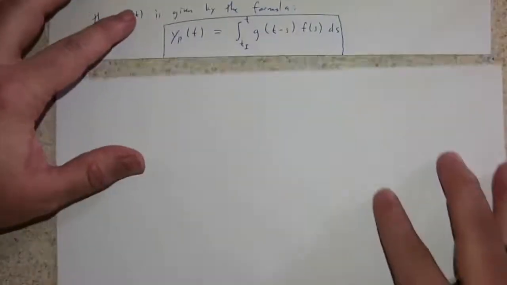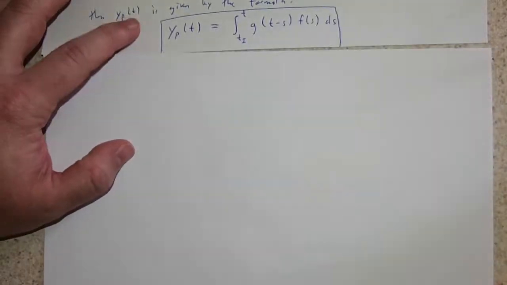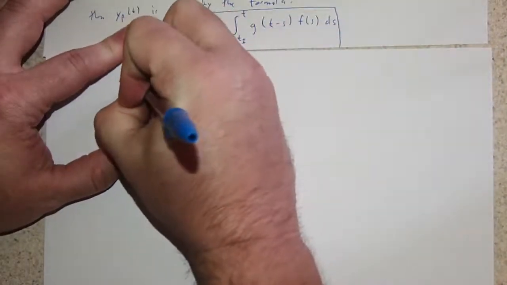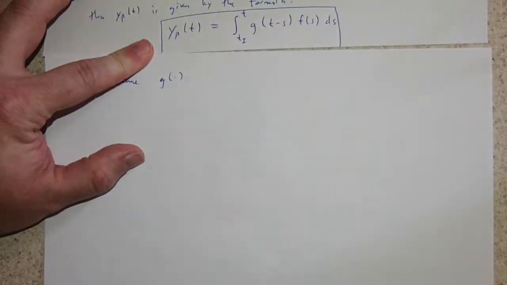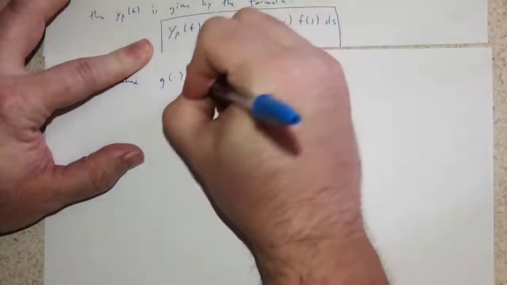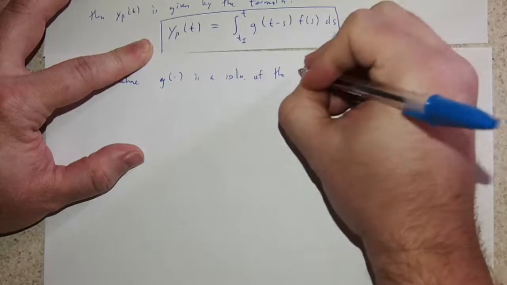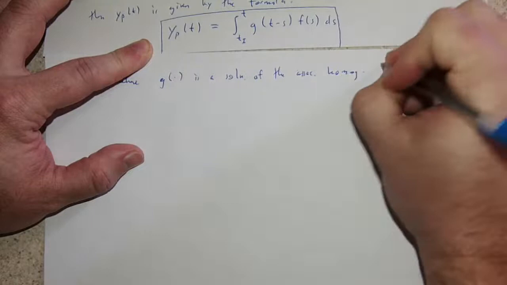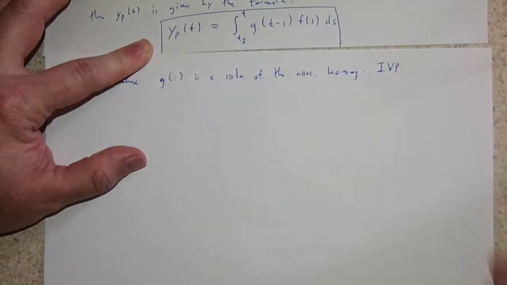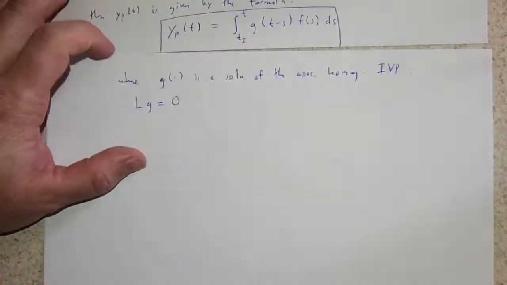Well, this little g is determined by the following. Where g is a solution of the homogeneous problem, this is the homogeneous IVP, that is, Lg equals 0 is the differential equation.